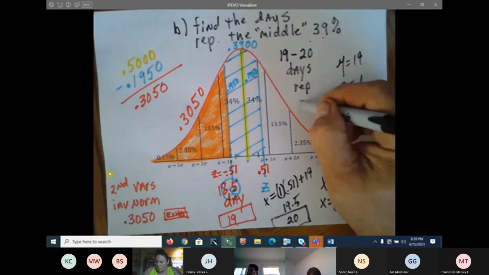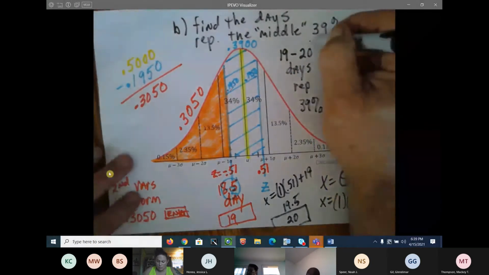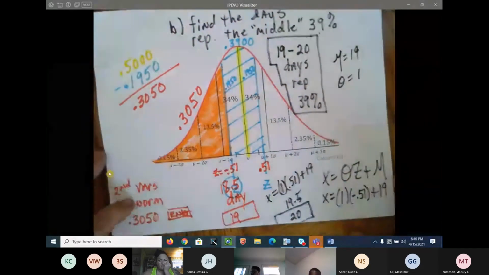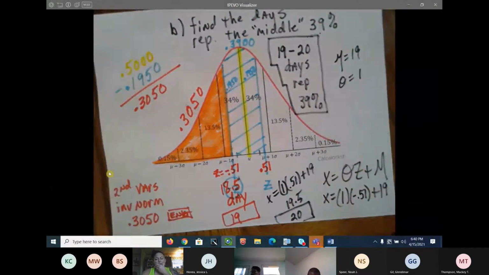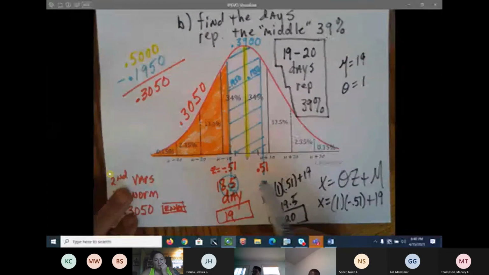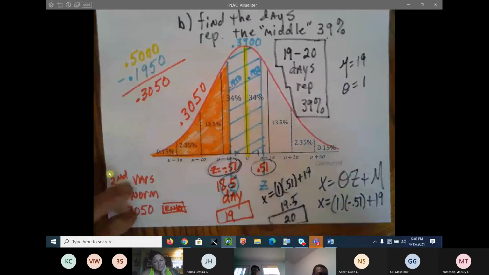Good God, all this work. It's a lot to answer one question. Just remember your oz plus mu. And the reason I had to do it twice is you got two what? You got a z-score there and you got a z-score there. But I thought you said we didn't have to have but one z-score because they were the same. I did.